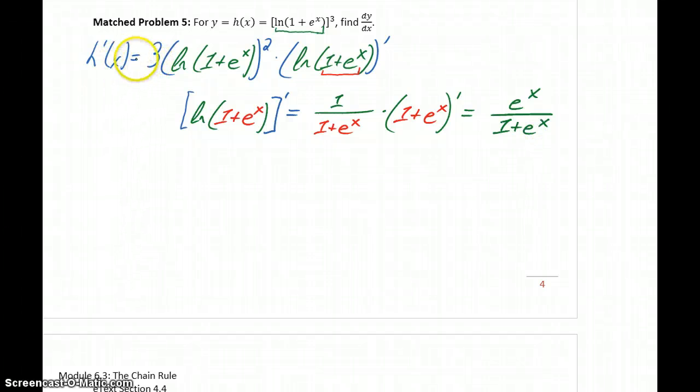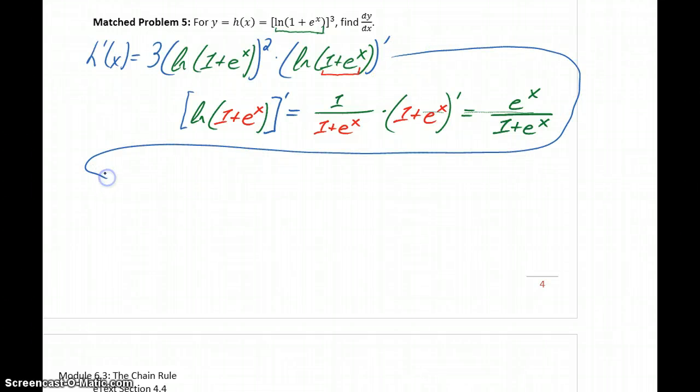So what we did was apply that general power rule, or the chain rule. Then to take the derivative of this last component here, we had to apply the chain rule again, or if we just want to think of it as that general property for differentiating natural log functions. So this whole line is just what we'll substitute in for this portion of the original problem.